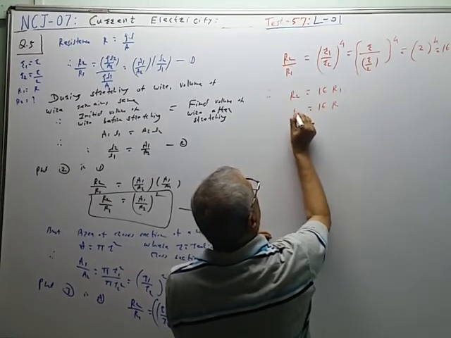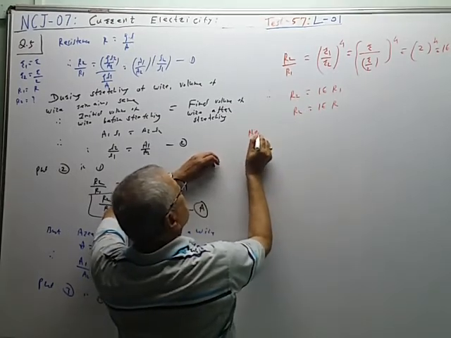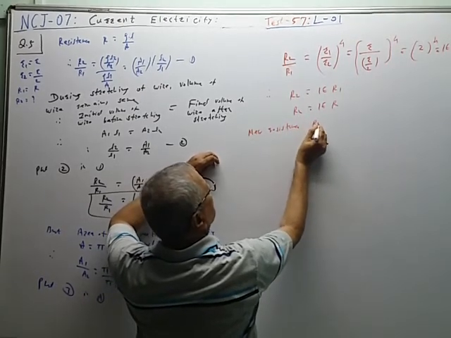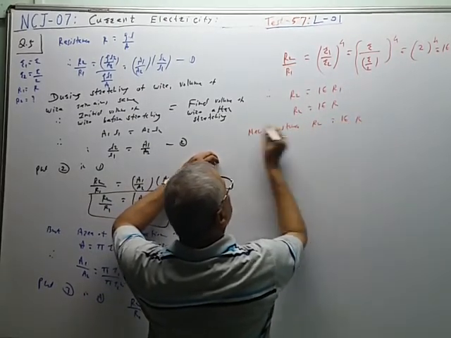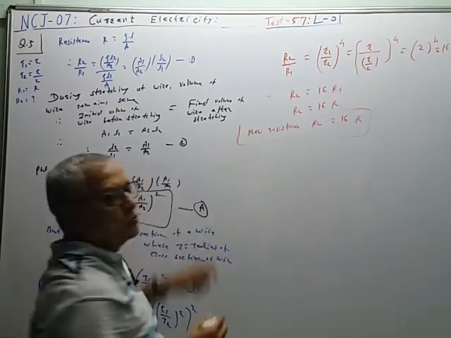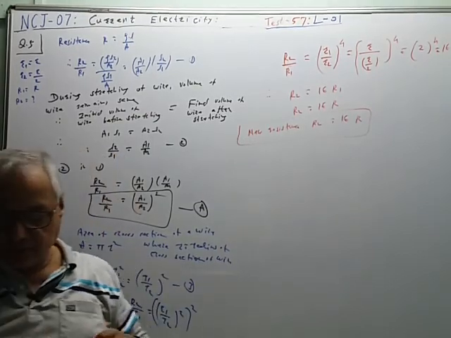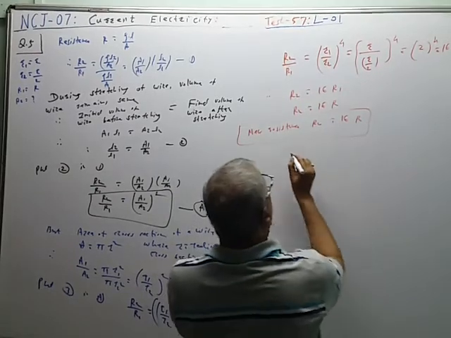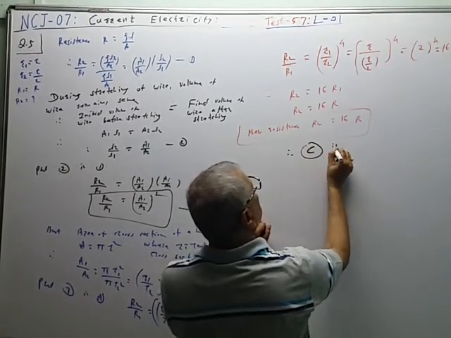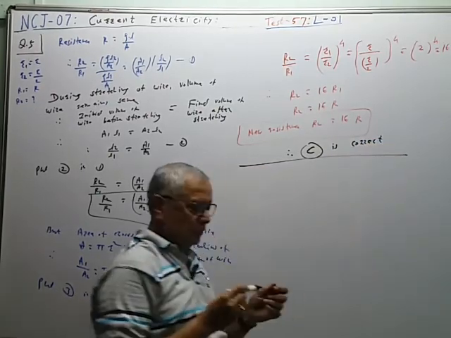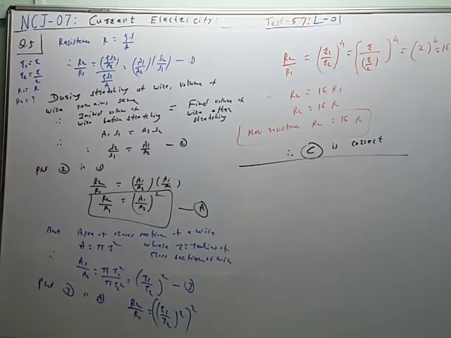R1 is equal to R. So new resistance after stretching R2 is equal to 16 times R. पहिला रेझिस्टन्स R असेल तर नवीन रेझिस्टन्स आपल्याला 16 टाइम्स R मिळेल, म्हणजे करेक्ट चॉईस C मिळाला. C is correct. The choice C is correct.